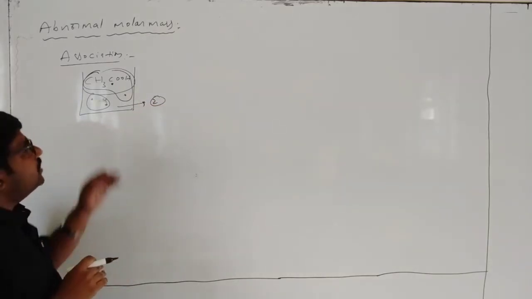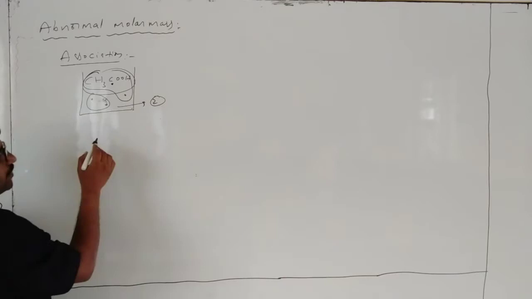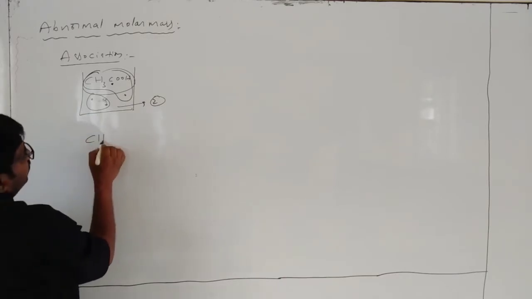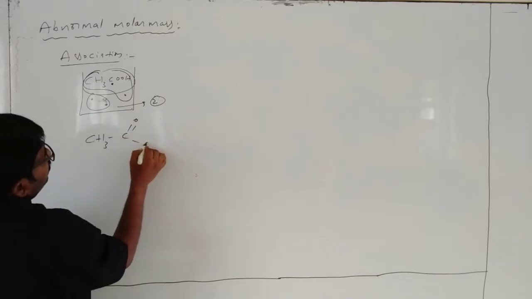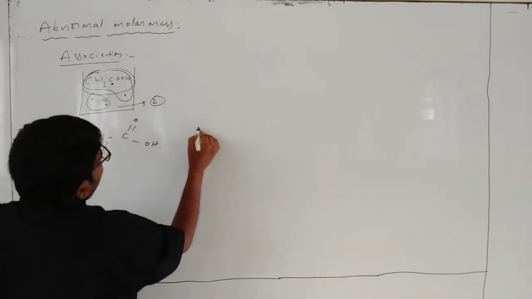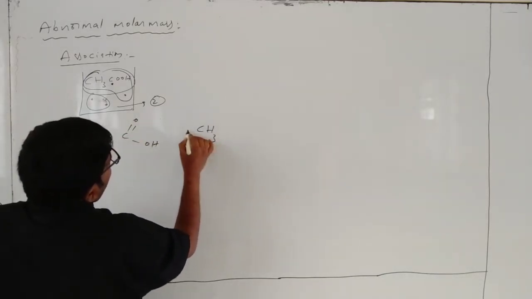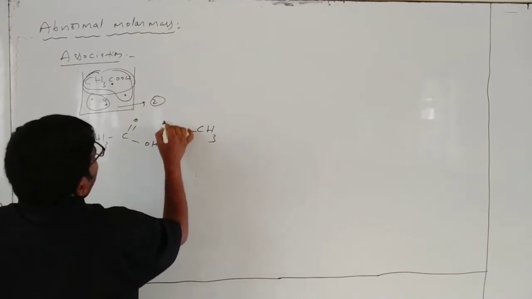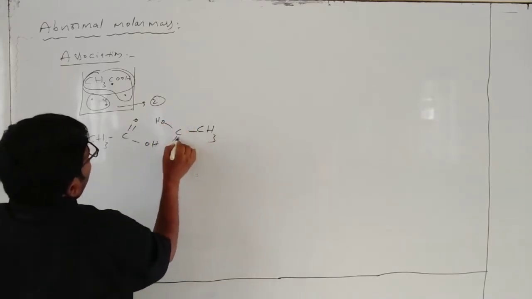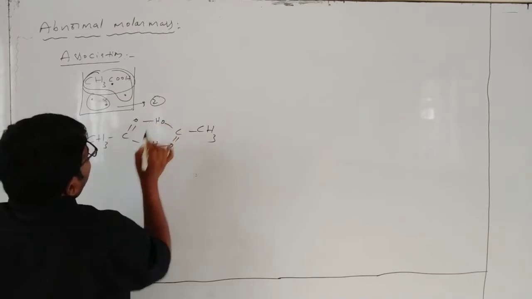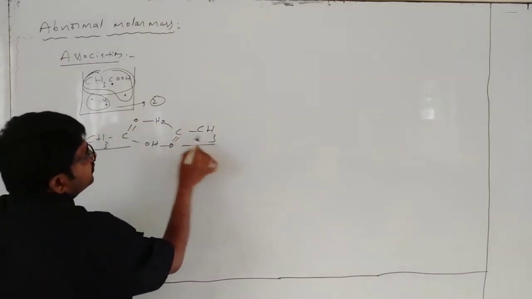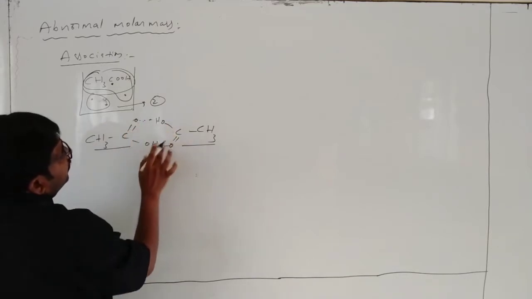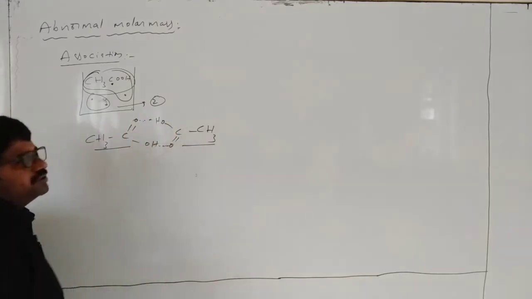How is it made? CH3 C double bond O bond OH, and CH3 bond C bond OH double bond O, with a bond between these two. So this is one acetic acid and this is one acetic acid, joined by bonds.